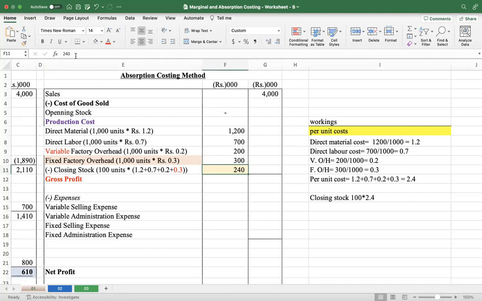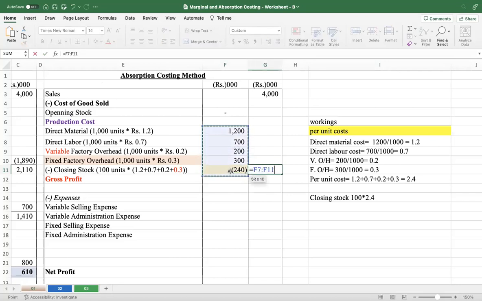Okay, now we said closing stock we should deduct when we are finding the cost of goods sold.